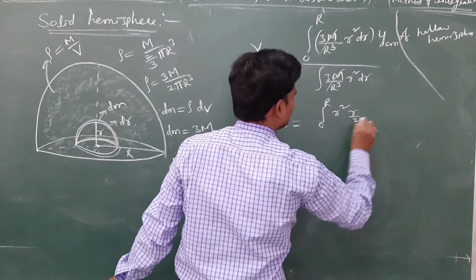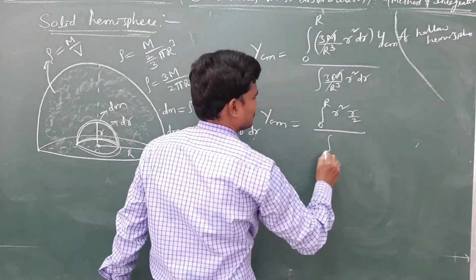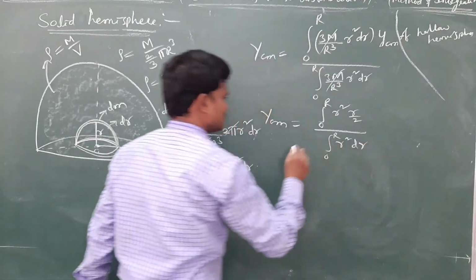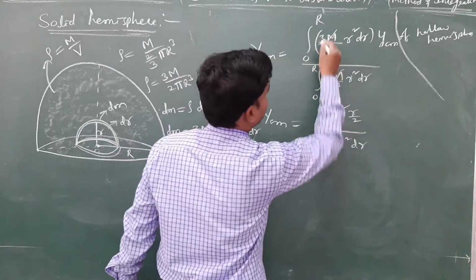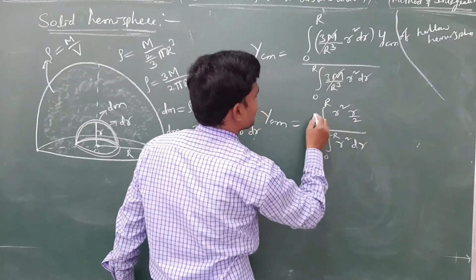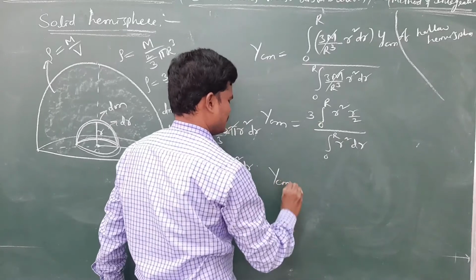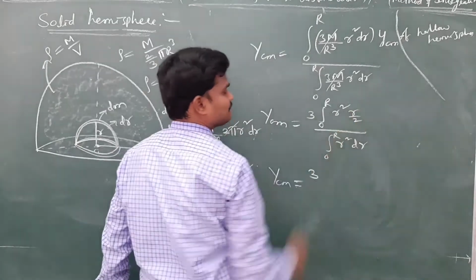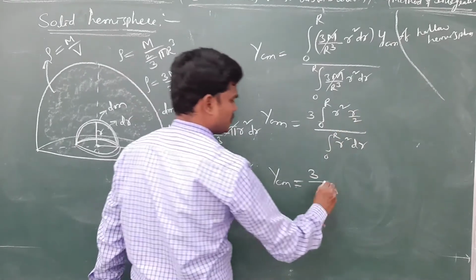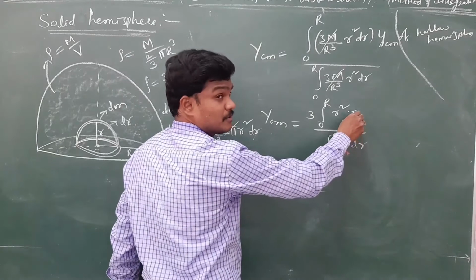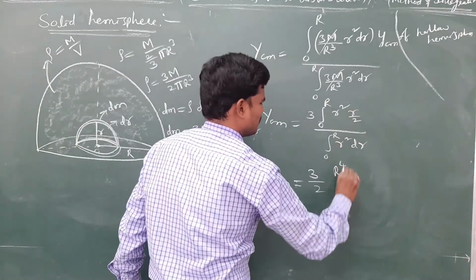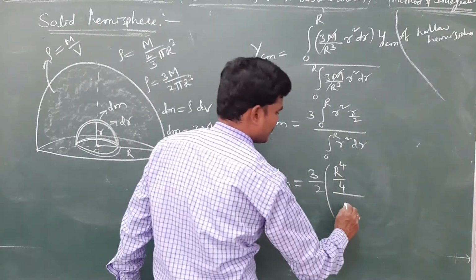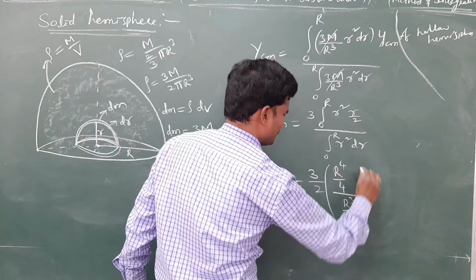So r by 2, and here 0 to r, r square dr. Let us do some simple calculations, and there is a number 3 here. Let us check the calculations. This is r cube by 2, anyhow you take the 1 by 2 out, r power 4 by 4 divided by r cube by 3.